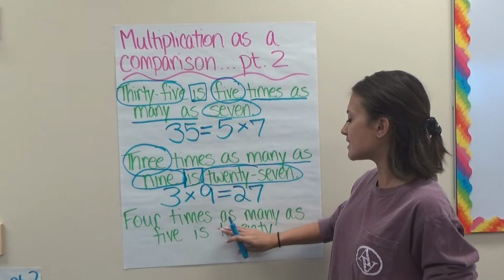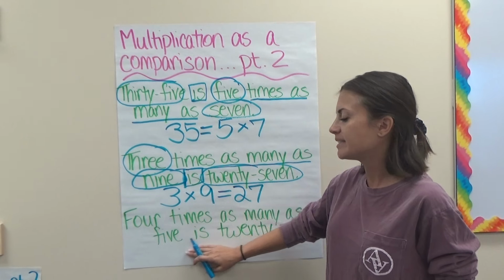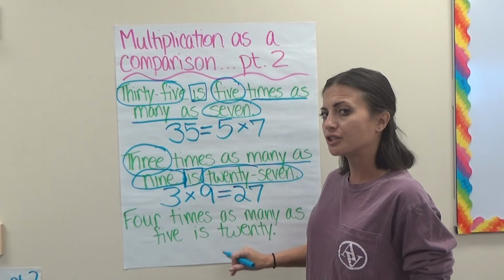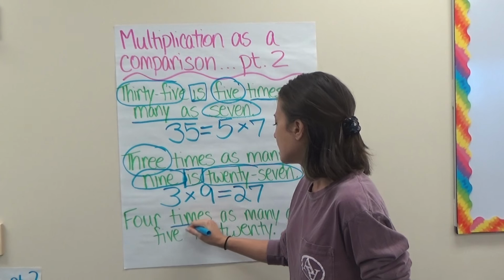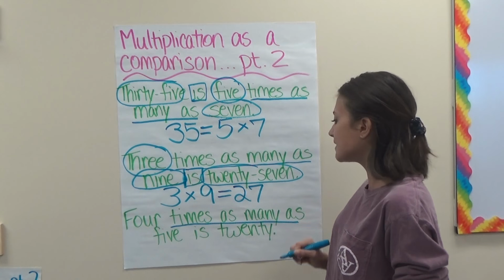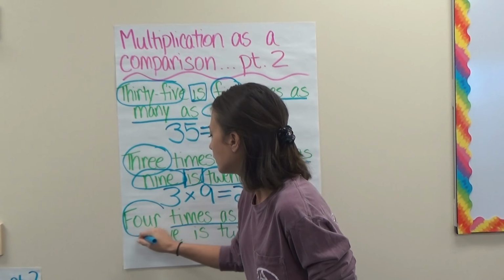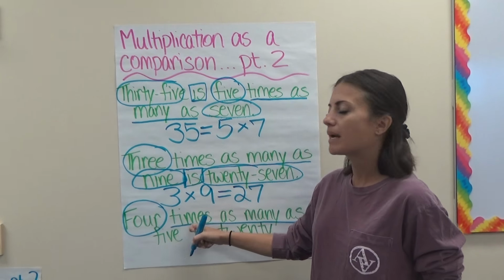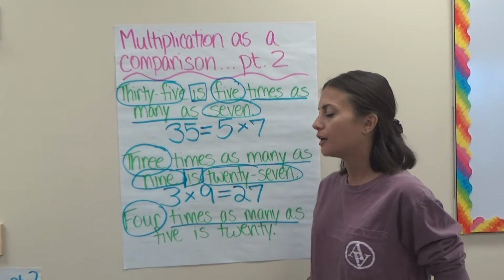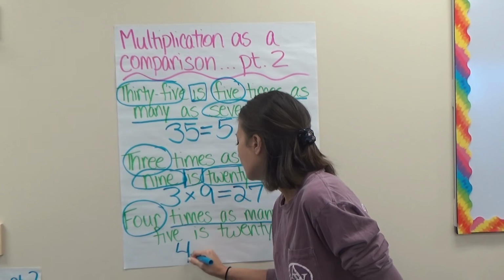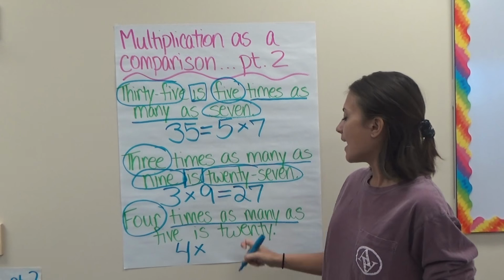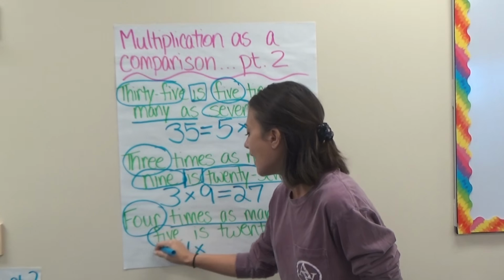4 times as many as 5 is 20. So first I underline my comparison statement, times as many as, and then I look for the other pieces. 4, since that is right next to my word times, that's my multiplier. So 4 times as many as 5.